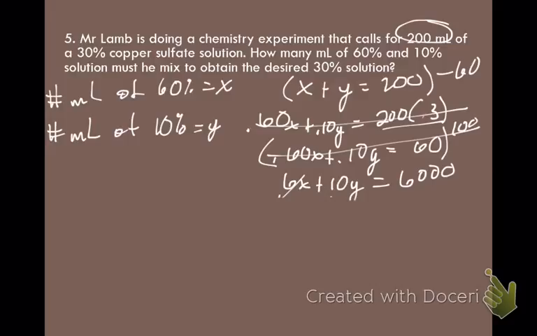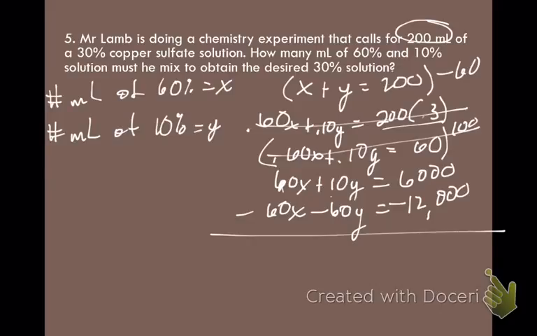So multiply this by -60. Oh, here's the problem. This is going to be 60x here. Now multiply through the top guy by -60. And these are the two equations that you have to solve now.